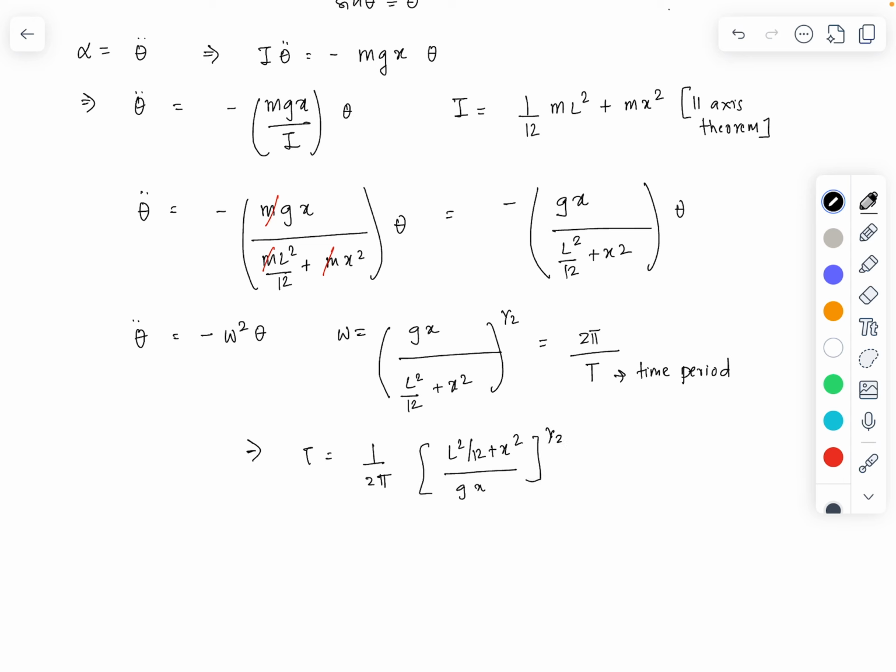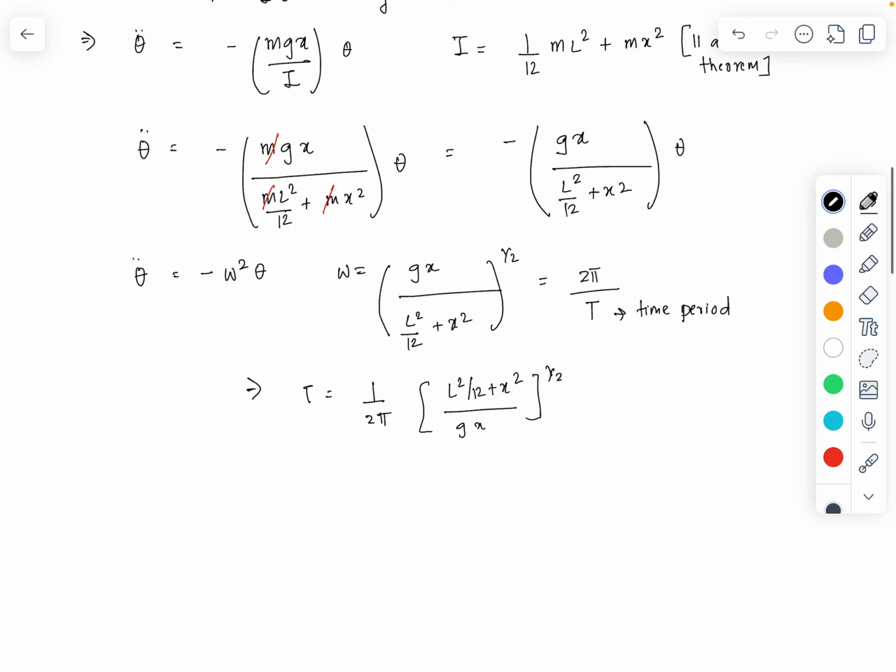The interesting thing here is that you can find T, the time period, as a function of x. So if you want to find the minimum time period, you can do this: dT/dx equals 0.